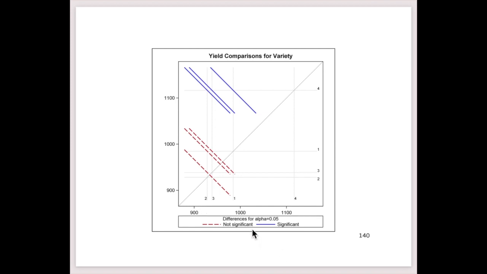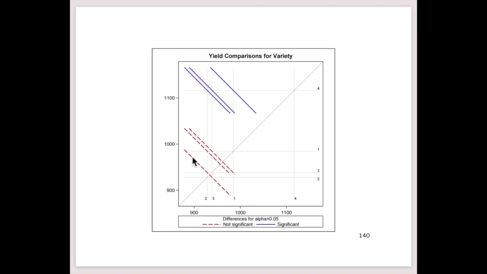Now, let's suppose that we want to compare mu2 with mu3, mu1, and mu4. We find the vertical line corresponding to the second population, and where it intersects with the line for population 3, we see this diagonal line. The length of this diagonal line corresponds to a 95% confidence interval estimate for mu2 minus mu3.